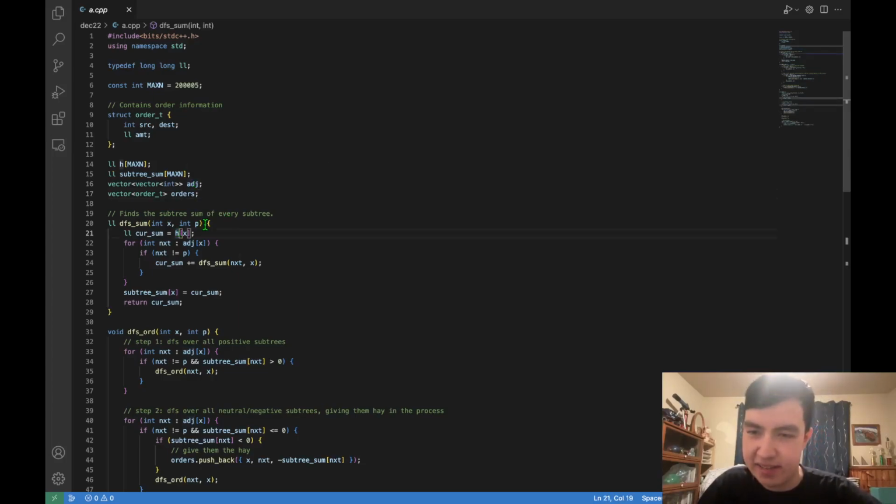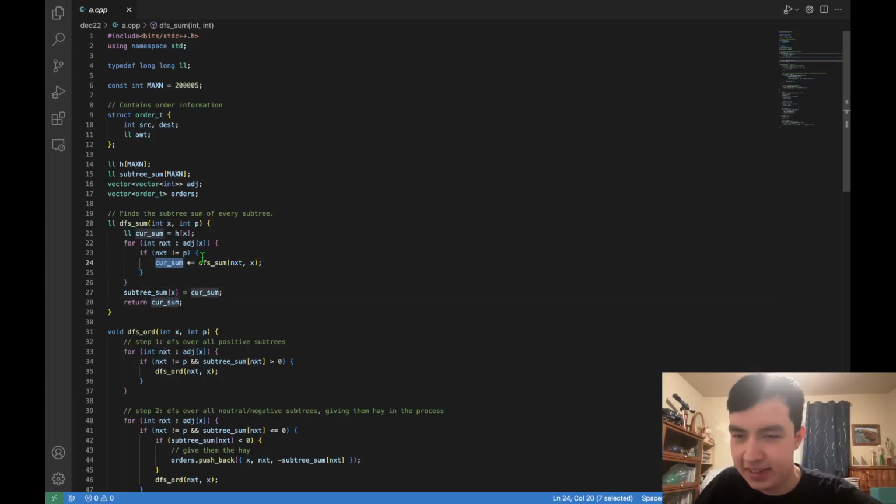In this case, for the DFS, we keep track of the current node, which is x. We also keep track of the parent node so that we don't accidentally go backwards on ourselves when doing the recursion. So we loop over all the adjacent nodes, make sure it's not the parent, and then we recursively find the sum of that subtree. So we find the subtree sum of the node with root at x, and the parent is now x itself.